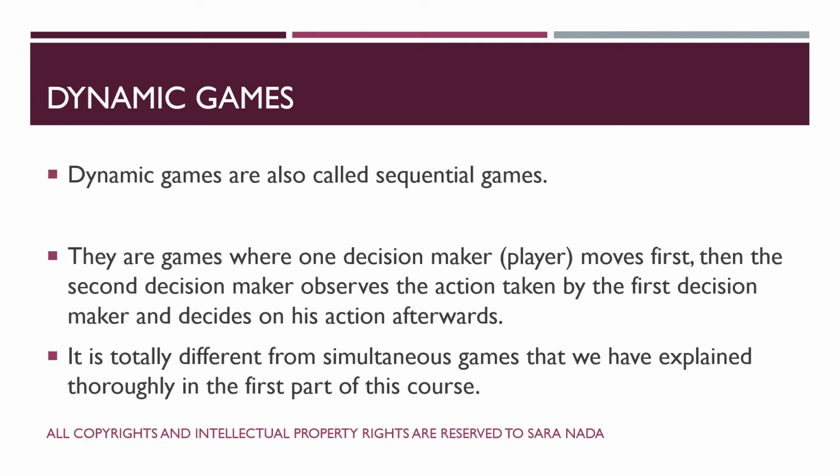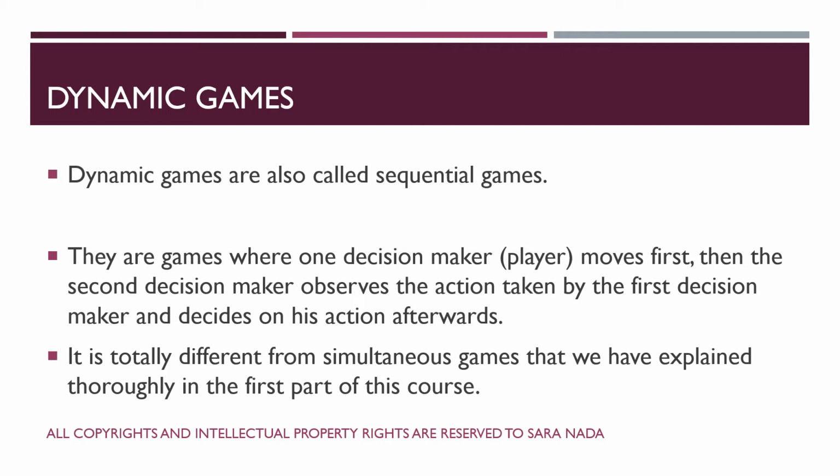These games are games where one decision maker or one player moves first. Then the second player or the second decision maker observes the action taken by the first decision maker and decides on his action afterwards. Okay, so this is what you were waiting to see about the games that we were studying.